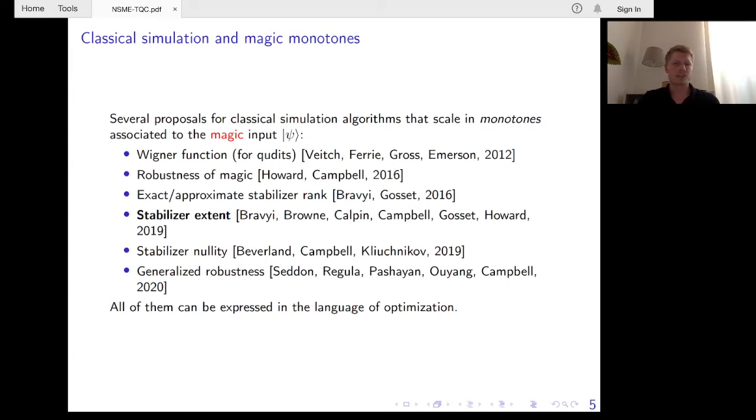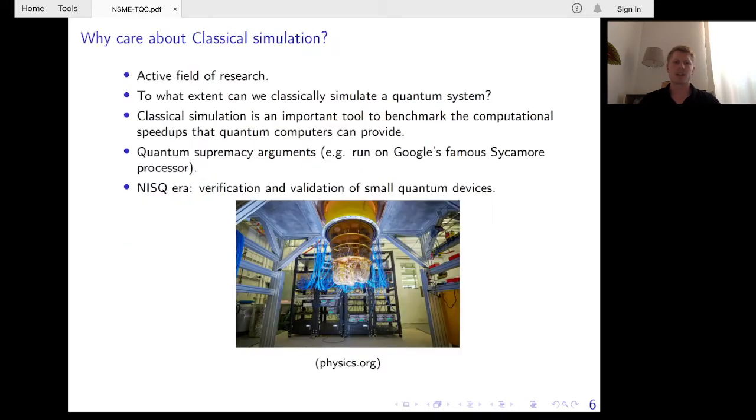Okay, so now let's make a small detour and ask ourselves, why do people care at all about classical simulation? Well, it's a pretty active field of research. Every month or every week, there are new papers on the arXiv that treat the topic of classical simulation. And the question you may ask is, to what extent can we classically simulate a quantum system?